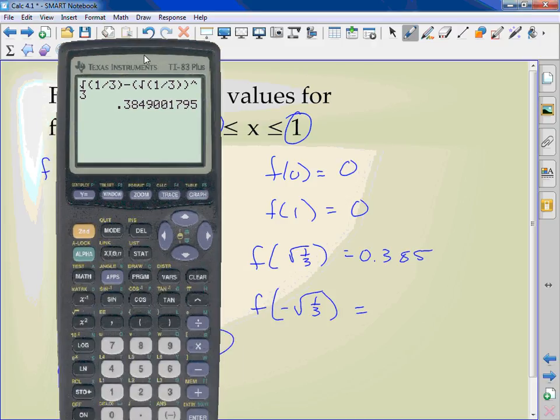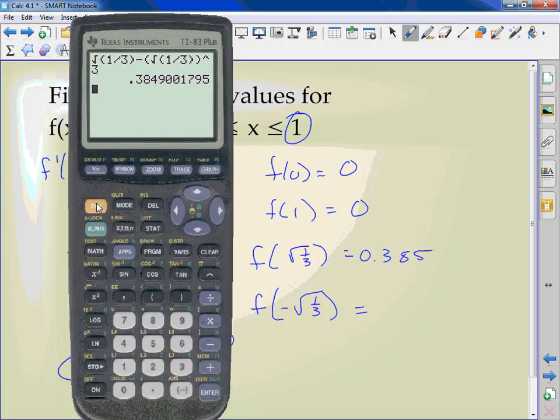Now I'm going to do the same thing, but with the negative. Instead of retyping everything, second enter, and put in a negative. I put it in the wrong spot.